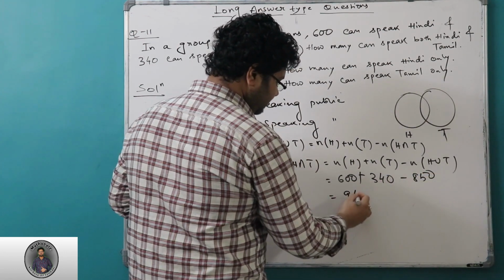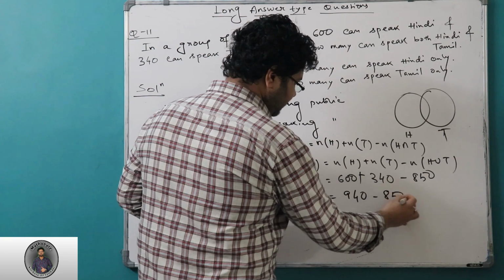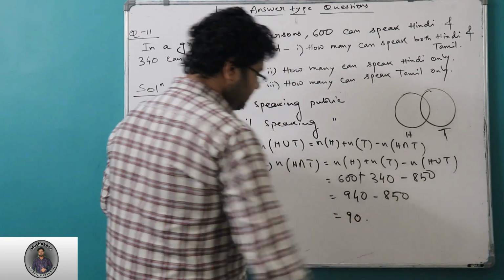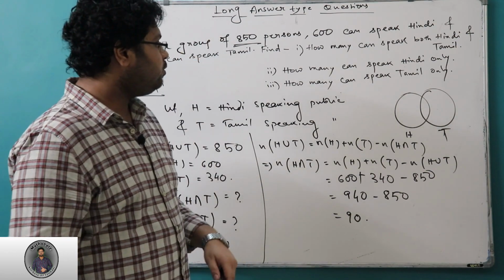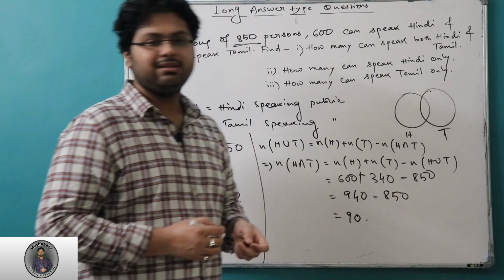So this is 940 minus 850, that is 90. So there are 90 people who can speak both Hindi and Tamil.